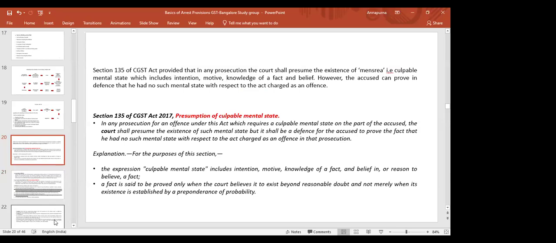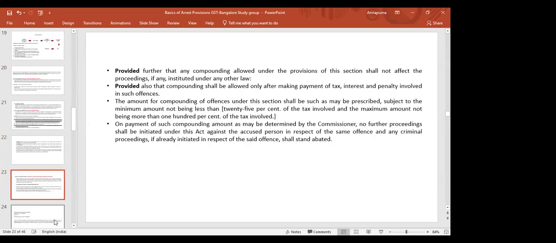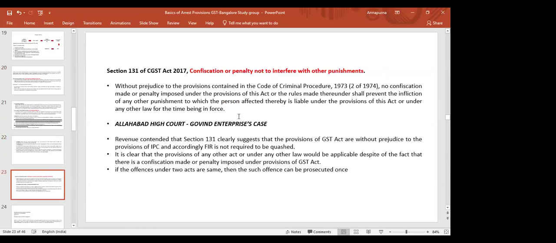So next is, before going into 138, sir, one more doubt I had. While reading this offense, even section 131, which says that confiscation or penalty will not interfere with other punishment. Just for my understanding, sir, though it is not directly linked with the offense, they have referred to the punishment in that section.